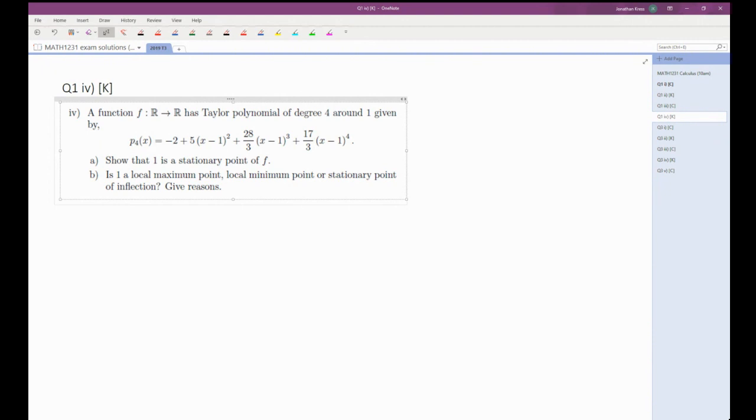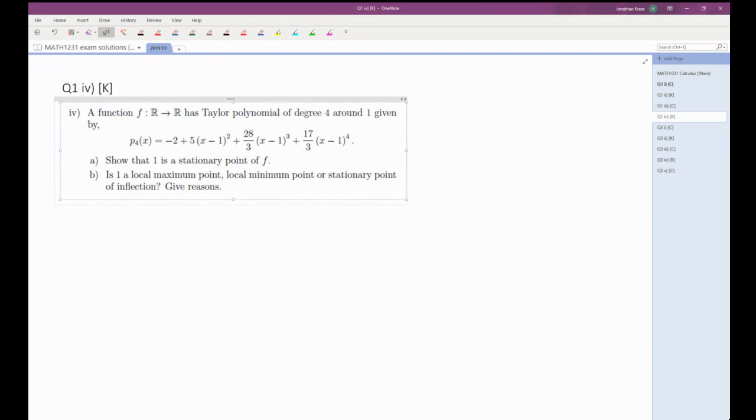And so it's a quartic in x minus 1. And so we want to show that 1 is a stationary point of f. Now, when students did this exam last term, many students just assumed that we were asking for a stationary point of the polynomial. Okay, so the question asks you about a stationary point of the function f, and can you deduce that from its Taylor polynomial?